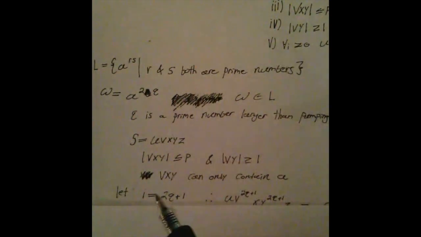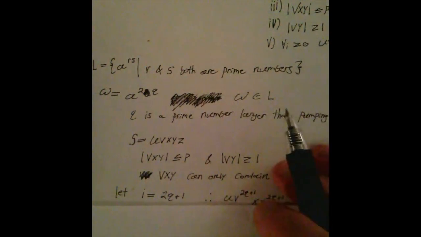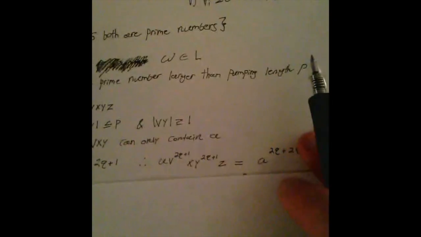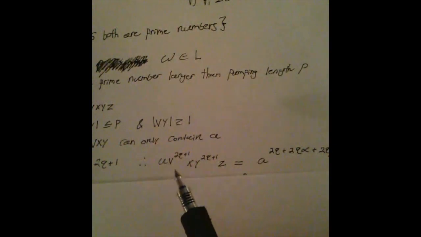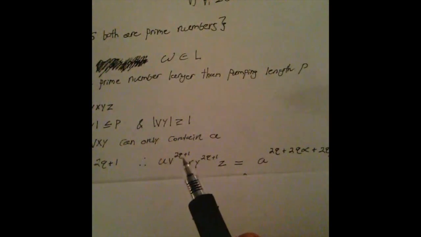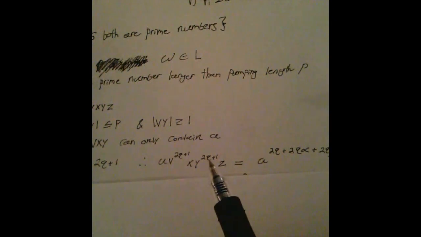So we're going to let i equal this value, 2 times q plus 1. And if we add that to our string, we will result in u, v^(2q+1), x, y^(2q+1), z. And that equals a to the 2q plus 2q alpha plus 2q beta.